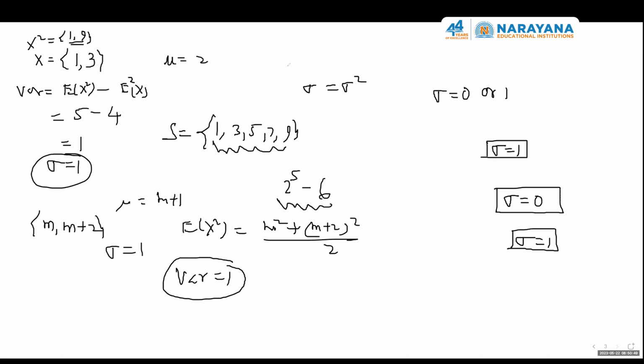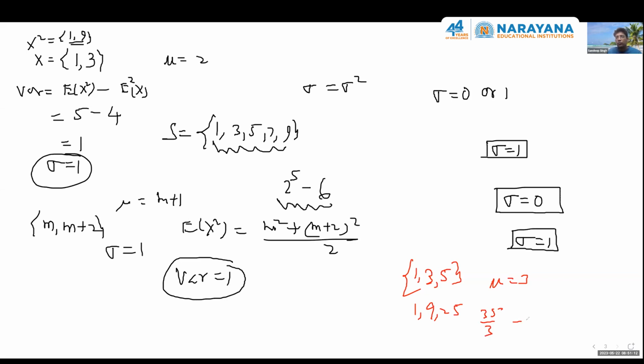Now, but someone might argue, sir, if we take 3 points, then what will happen? Then obviously variation will increase. See, this you can also do through common sense. But if you have any doubt, you can check for 3. So what is mu? Mu is 3, the average. And what is the average of squares? 1, 9, 25. That is 35 by 3. Correct?